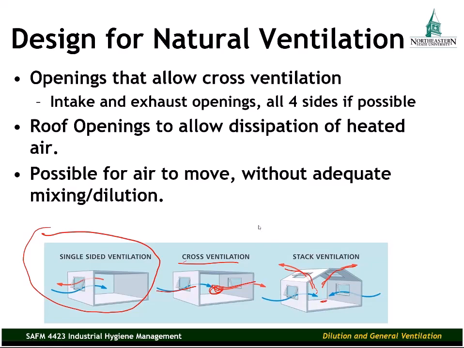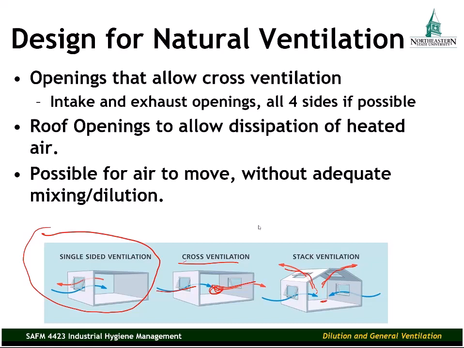But keep in mind, it's possible for air to move without adequate mixing or dilution of the air. If the air streams do not come into contact with where the contaminant is being generated, then the contaminant may not be diluted.